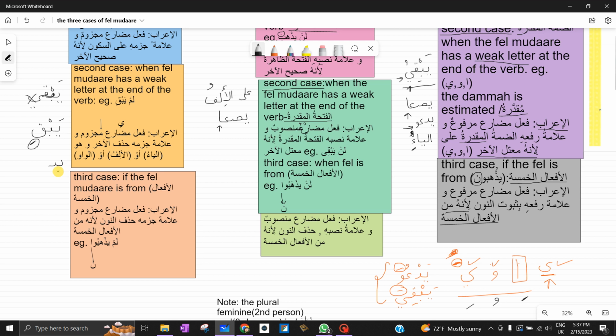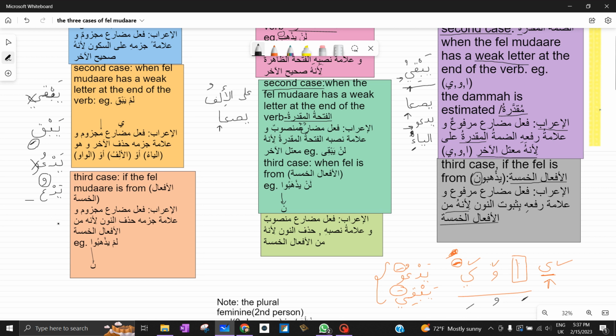In case of yad'u, what happens? Waw gets deleted. What is the second last letter? Yad. Ain will be written in full form with dhamma. Seeing this dhamma, you will understand that yes, the weak letter waw was deleted from here, and as soon as the waw was deleted, it leaves its representative dhamma.